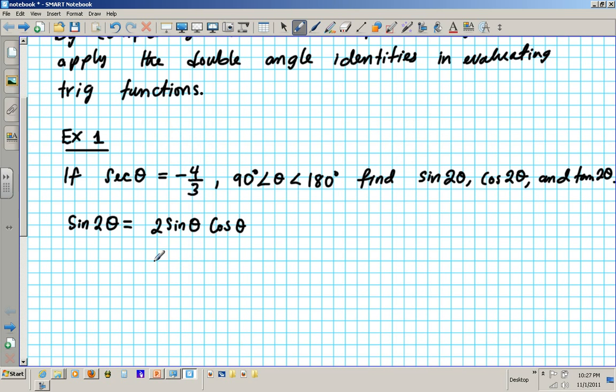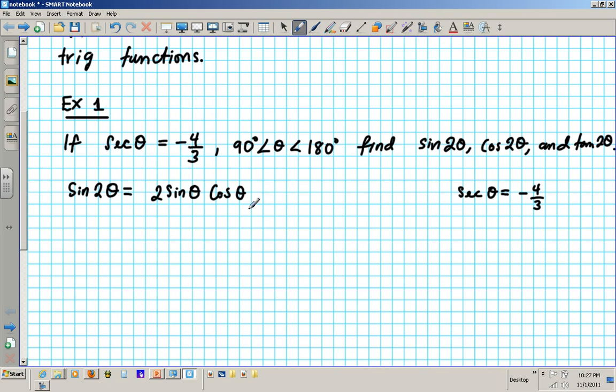Okay? So what do we have though? We have secant. So we know that secant theta is -4/3. So let's see. Which can we find first? Sine or cosine? We know that there's a direct relationship between secant and cosine, right? So let's go over a path here that we can create to go from one to the other.